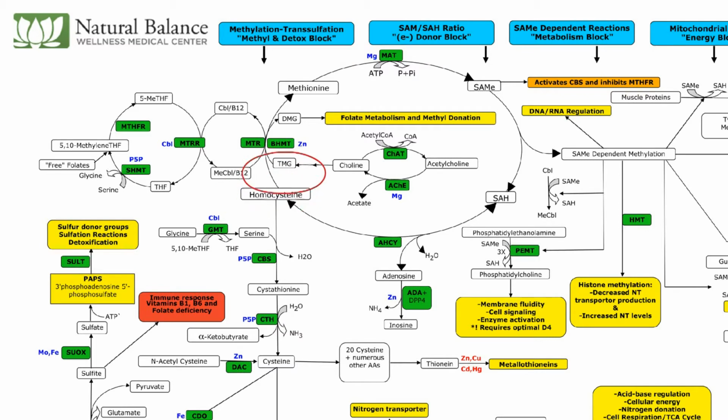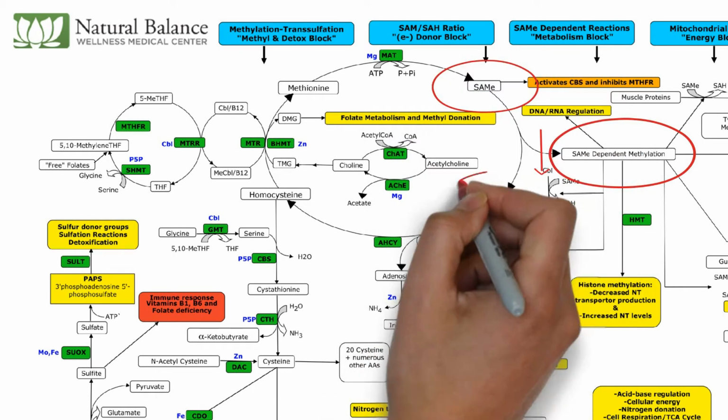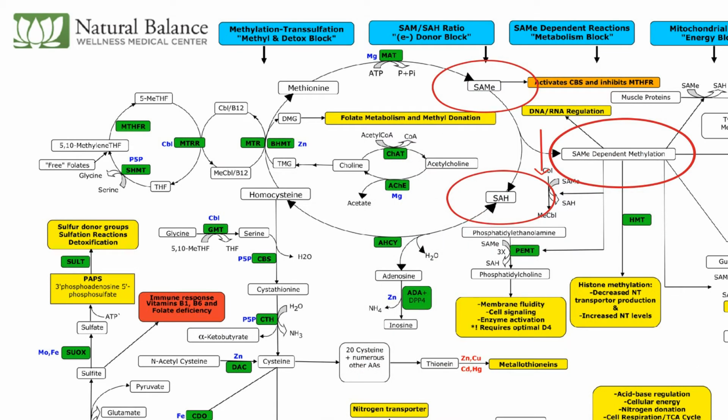It also helps us understand why there's a relatively lower value of methionine, and we would surmise that that impacts SAM-dependent methylation. It's really the SAM-SAH ratio that determines SAM-dependent methylation pathways, but that SAM-SAH ratio is so easily altered by these kinds of abnormalities.